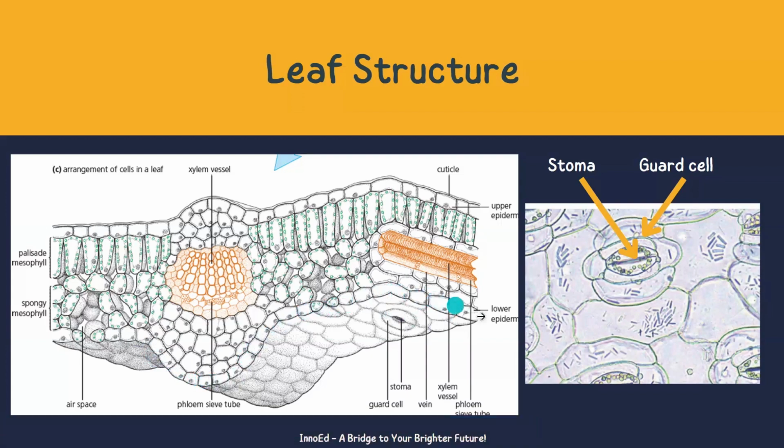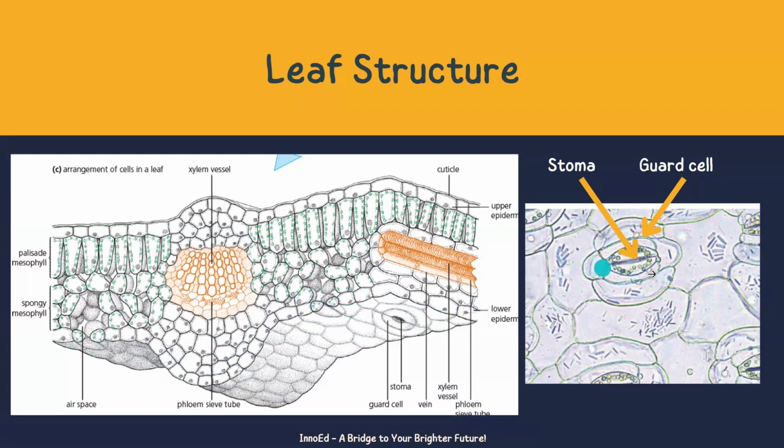This is called the lower epidermis layer. The lower epidermis layer contains the same transparent cells, but it also contains the guard cells and stomata. So those stomata are used for gaseous exchange, for diffusion.